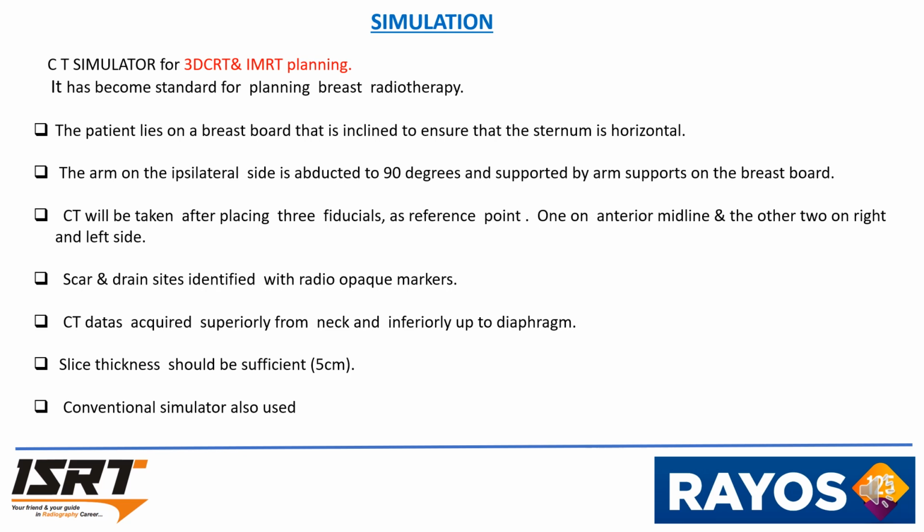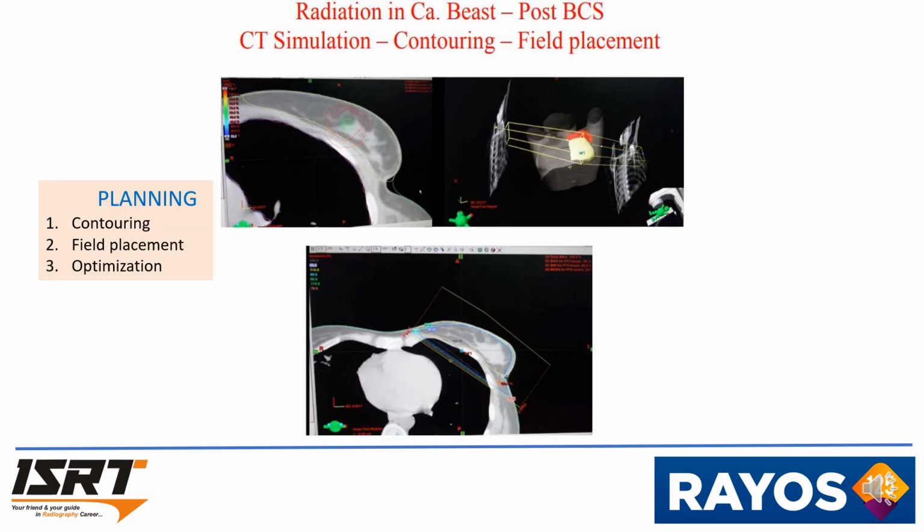The arm on the ipsilateral side is abducted to 90 degrees and supported by an armrest on the breastboard. CT is taken after placing 3 fiducials.